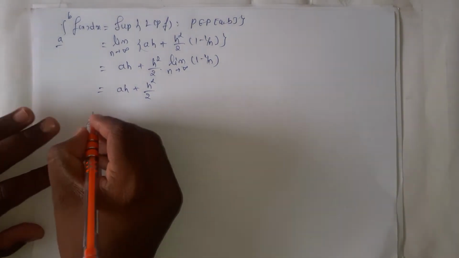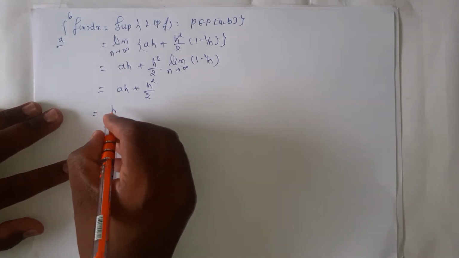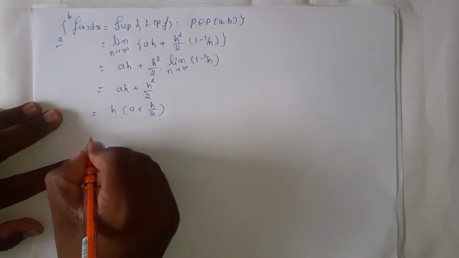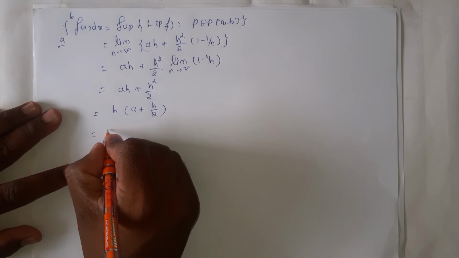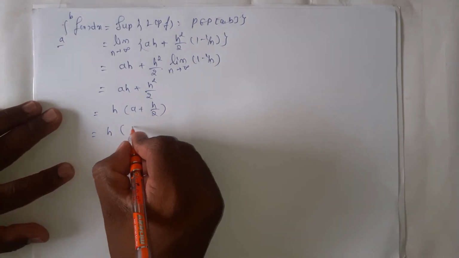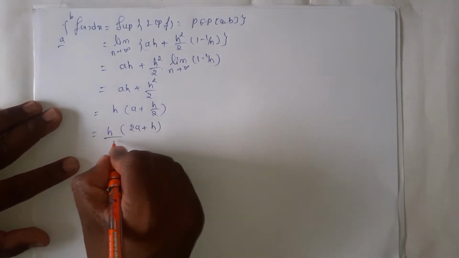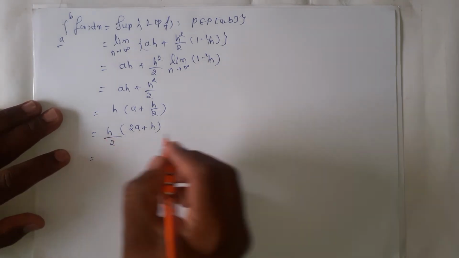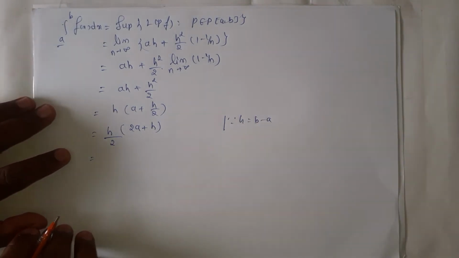Now this is equal to, here we can take that h common, remaining a plus h by 2. Then it is equal to h, and by taking the LCM this becomes 2a plus h whole divided by 2, then it is h by 2. Now we know that h equal to b minus a, that is the length of the given interval.